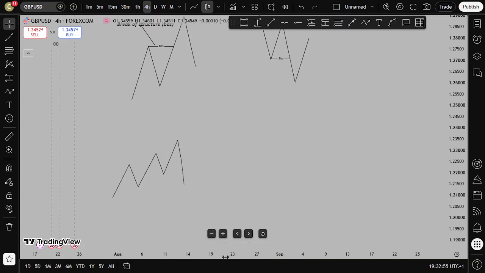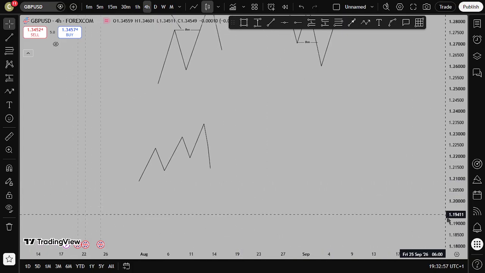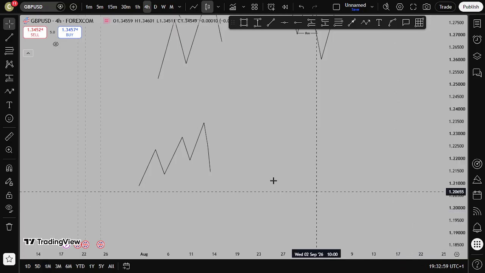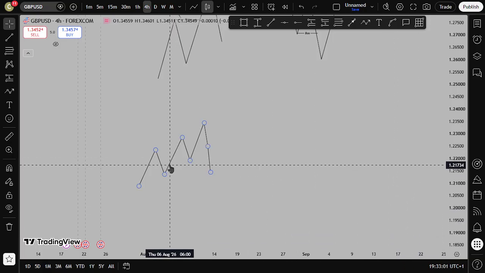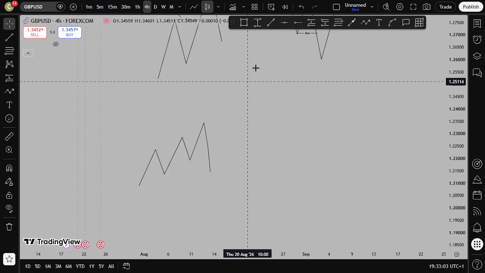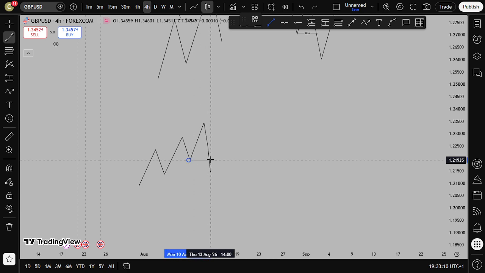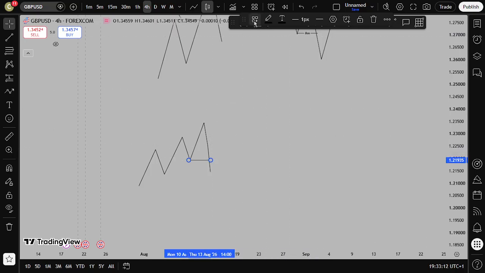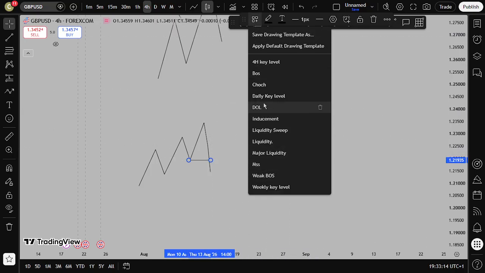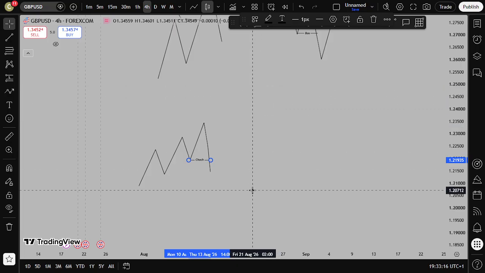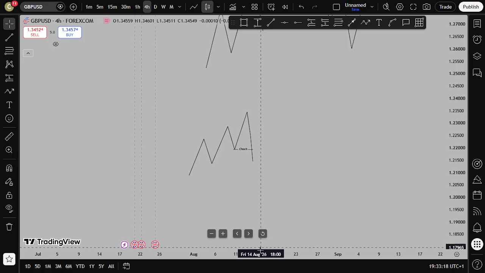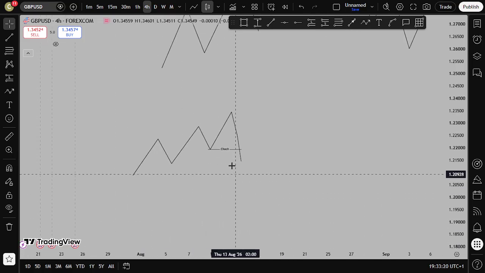That first warning, that the buyers in the uptrend are losing strength, is what we call change of character.